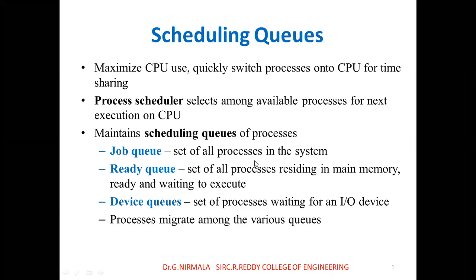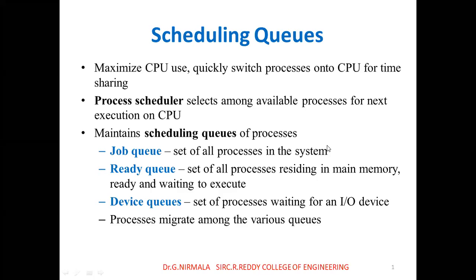Job queue: the set of all processes in the system are placed into the job queue. From that, the ready queue holds all the processes placed in main memory, waiting to execute for getting the chance of CPU. That is called the ready state, as I explained in the last session.